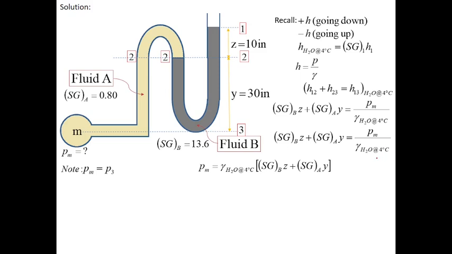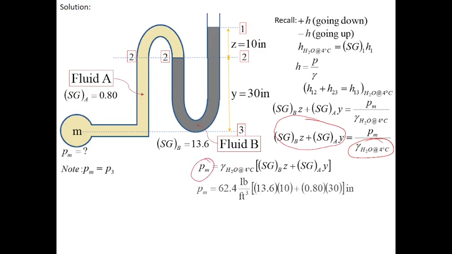We arrange the equation, so we multiply this to this one, to obtain the pressure at M. Next we substitute. So we have the unit weight of water at 4 degrees Celsius, that is 62.4 pounds per cubic foot.